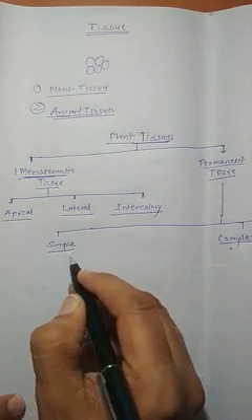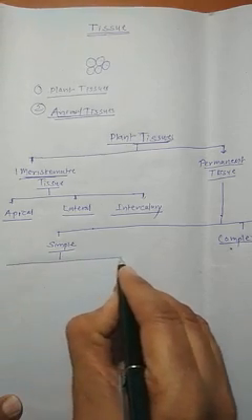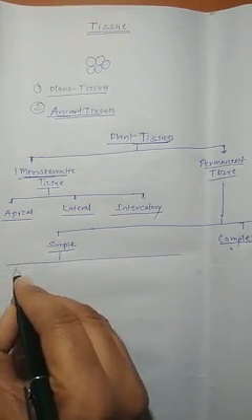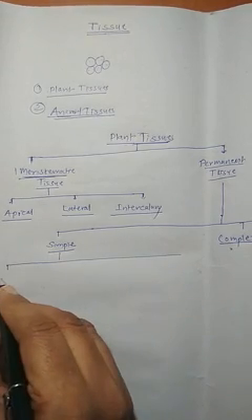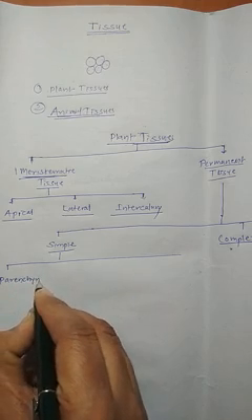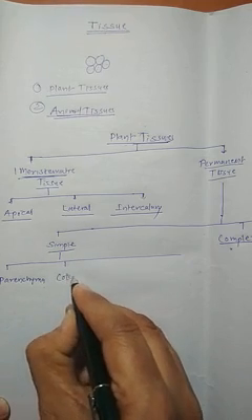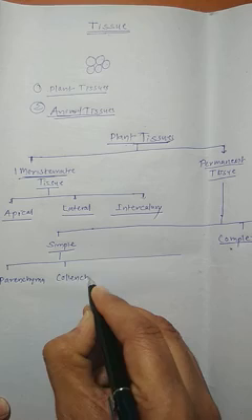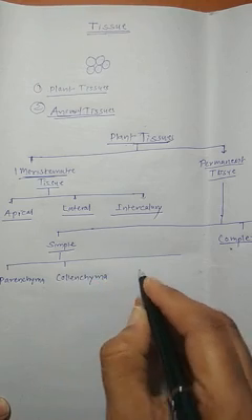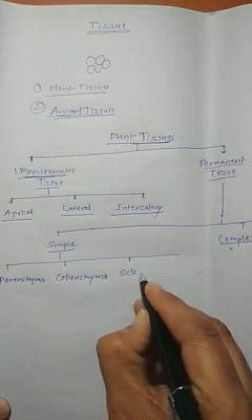And simple tissue is also subdivided into number one, parenchyma. Second one, collenchyma. Third one is sclerenchyma.